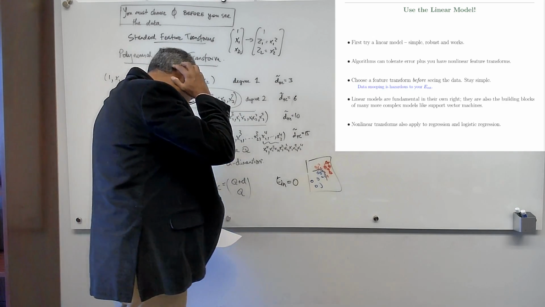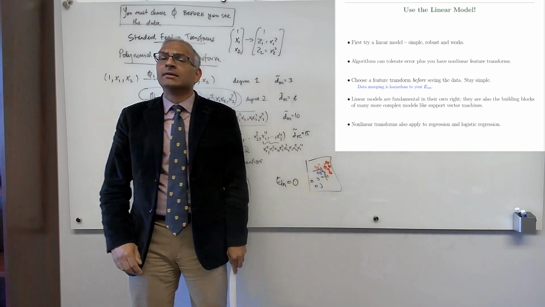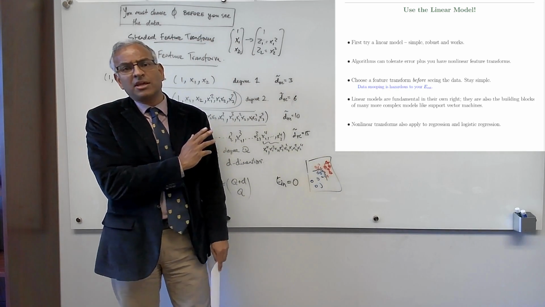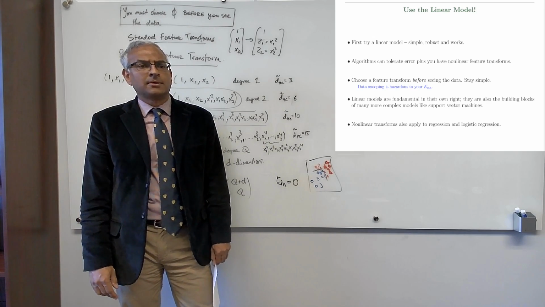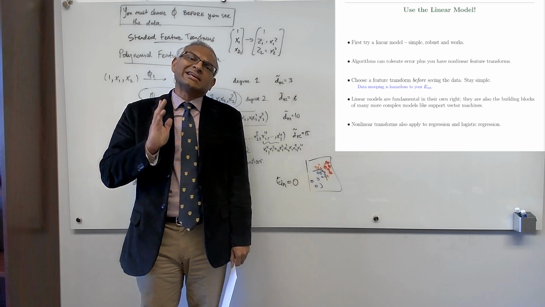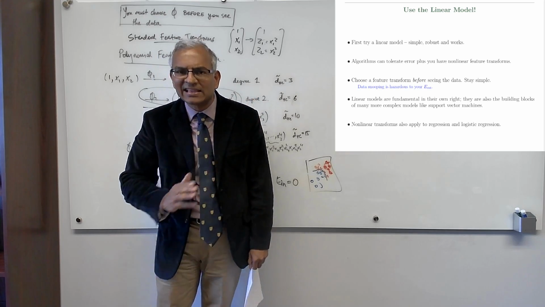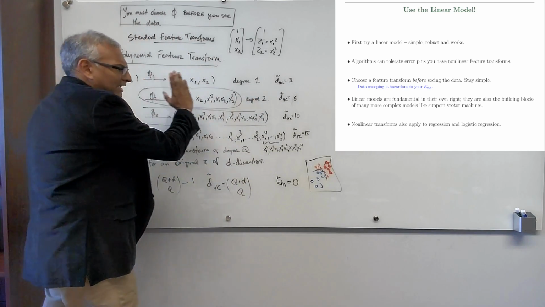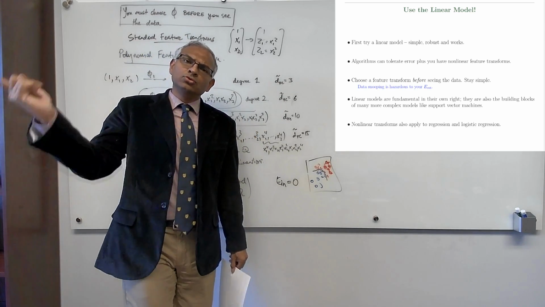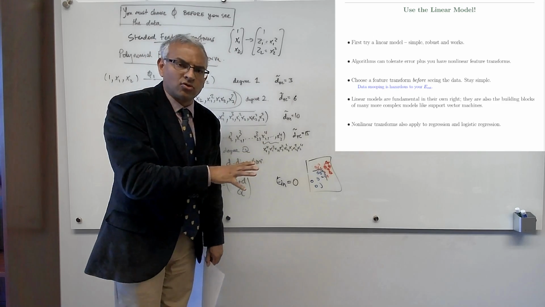Let me just mention that everything I said today about the nonlinear transform doesn't rely on the fact that we're doing classification. You can use it for regression and logistic regression. The mechanics is exactly the same. You transform your data, and then you use the linear model for whatever problem you're trying to solve in that transformed space.